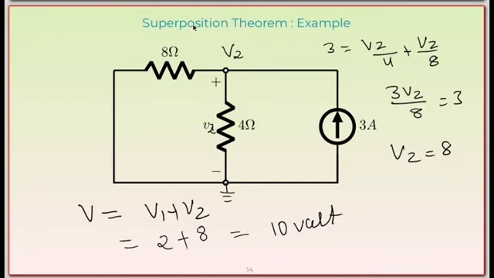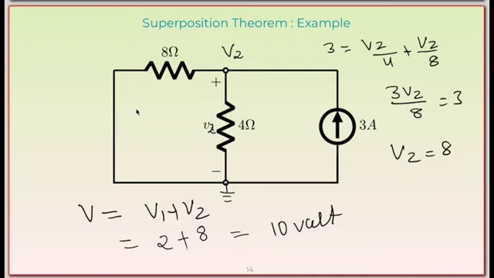Now there is not much difference in the output, but we got a very good insight into the system by considering the superposition theorem. We got to know the individual contribution of each and every independent source, which we were not able to get when we were applying nodal analysis, isn't it?